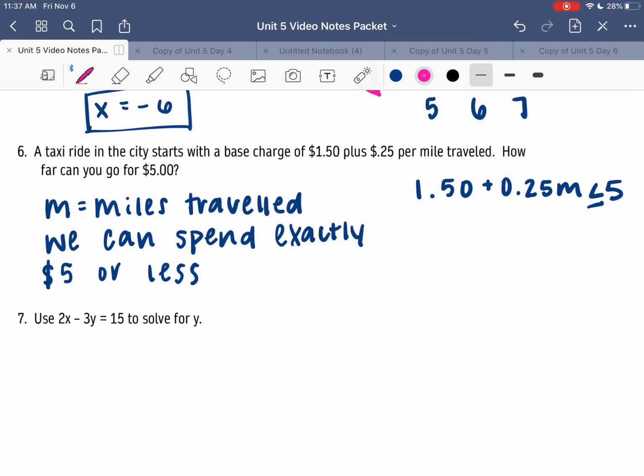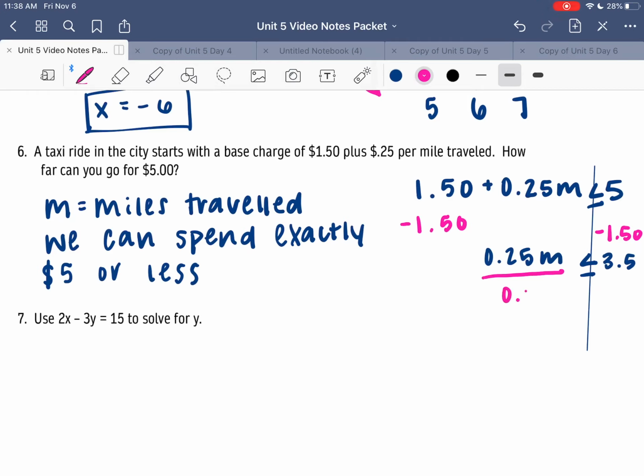Let me draw a line down so we can keep our work organized. I'll need to subtract 1.50 on both sides. That will leave me with 0.25m is less than or equal to 5 minus 1.50, which is 3.5, or $3.50.